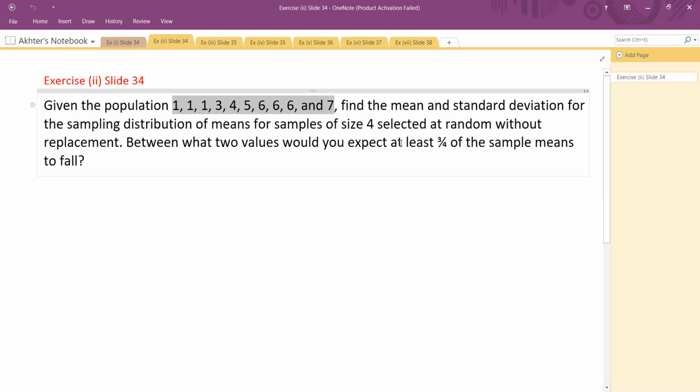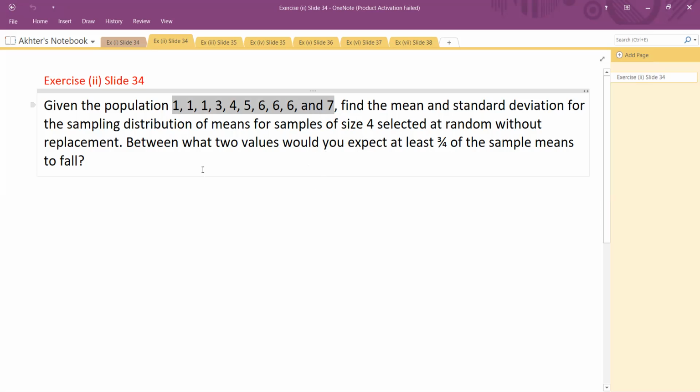Then finally, according to the Chebyshev rule, we can determine the value of mean minus 2 sigma and the value of the mean plus 2 sigma. In between mean minus plus 2 sigma, 75% of observations will lie in case the population is not normal. So this is the way to solve this problem.